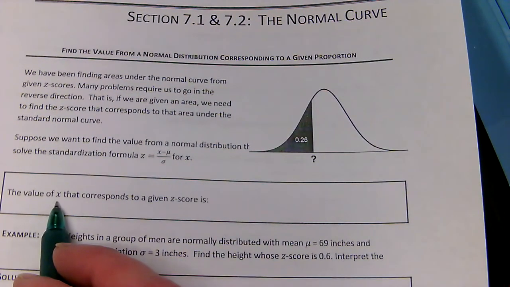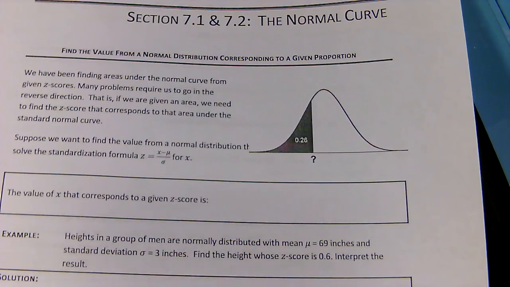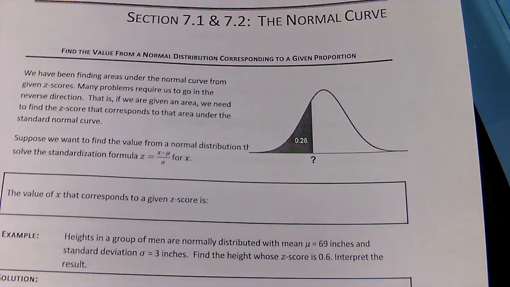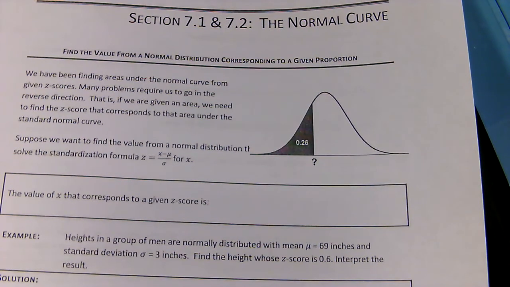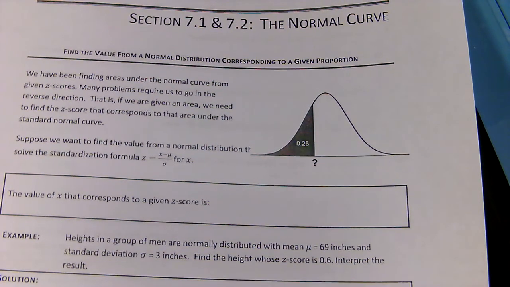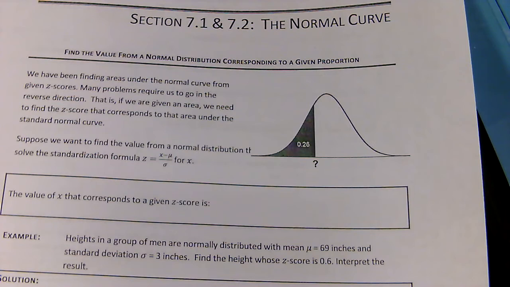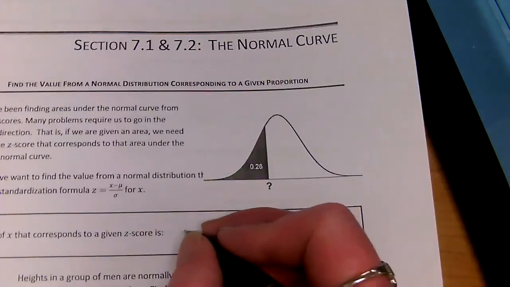Let's say we want to find the value of x that corresponds to a given z-score. In other words, how far away it is from the mean, how many standard deviations it is from the mean. So if we're given our z-score, and we are trying to find the x that goes with it, we're going to use this formula.